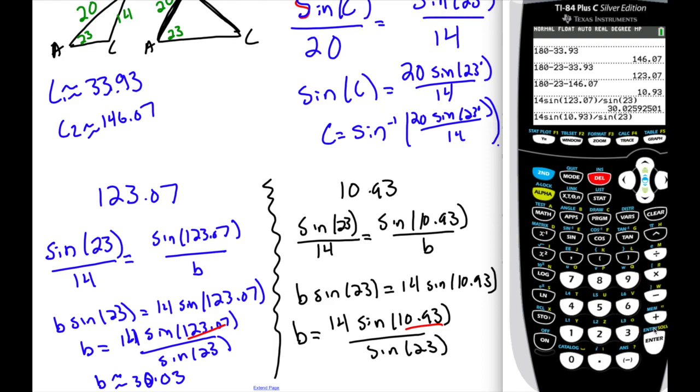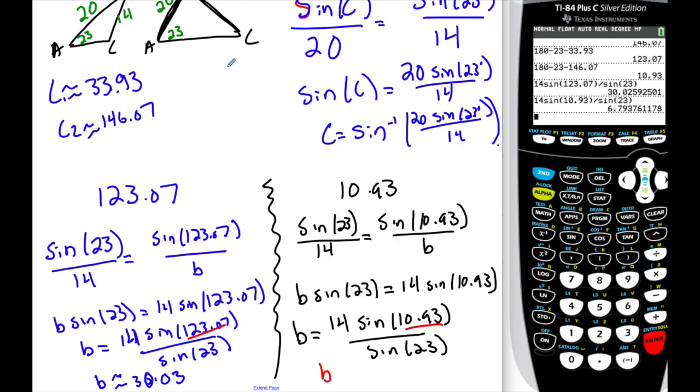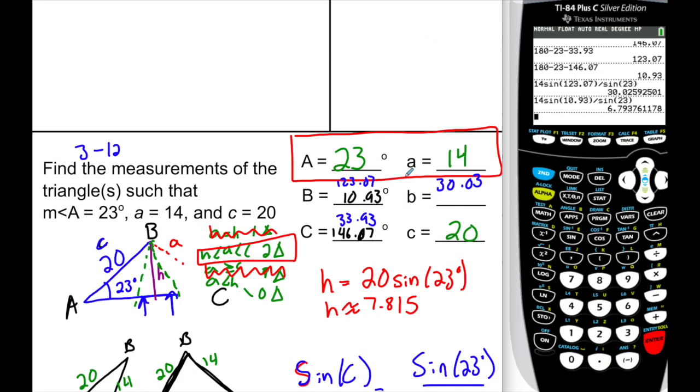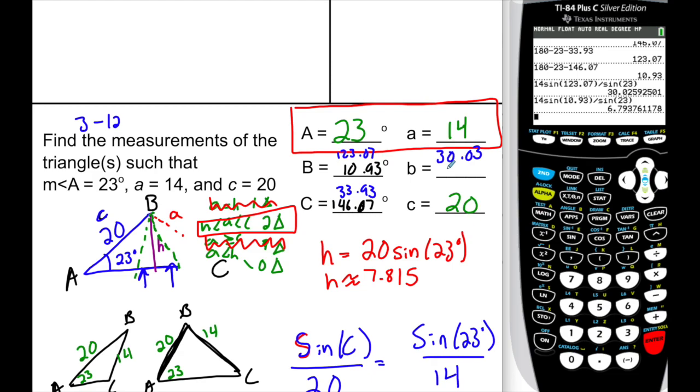Delete that because I don't need the extra digit. Run it again. Right, same idea. And let me just do this in the right color here. B is about 6.79. So you can see in this case, it goes from being the largest across from the largest angle to the smallest across from the smallest angle.